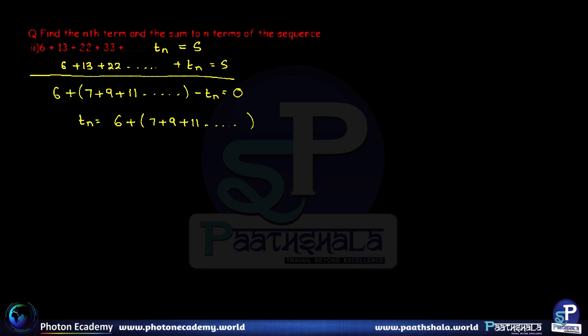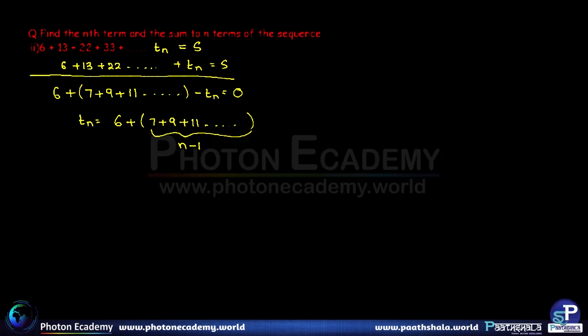Okay, and over here we have n minus 1 terms because we are not including 6. So it will be n minus 1 terms. But let's just complete this series. We know the terms that should come before 7, right? So let's just write those. So that will be 1 plus 3 plus 5 plus 7 plus 9.